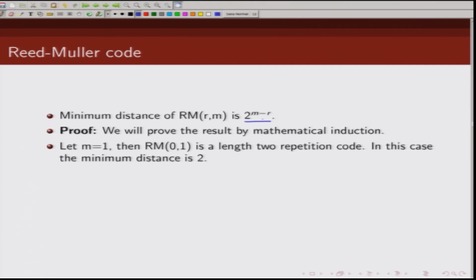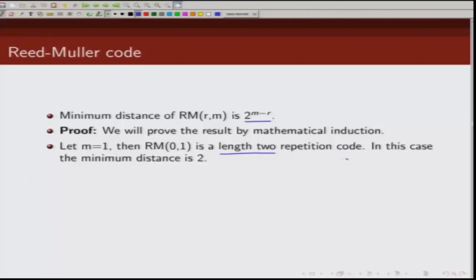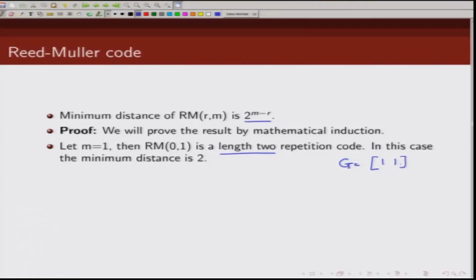So, when m is 1, what is the length of the Reed-Muller code? It is 2^m, so that length is 2. And when the order is 0, G will consist of only V0, which is 1 1. So, the Reed-Muller code of order 0 and m equal to 1 is essentially a length 2 repetition code.